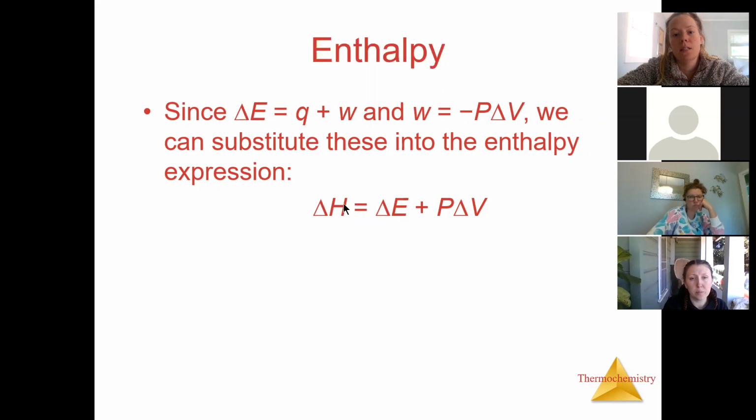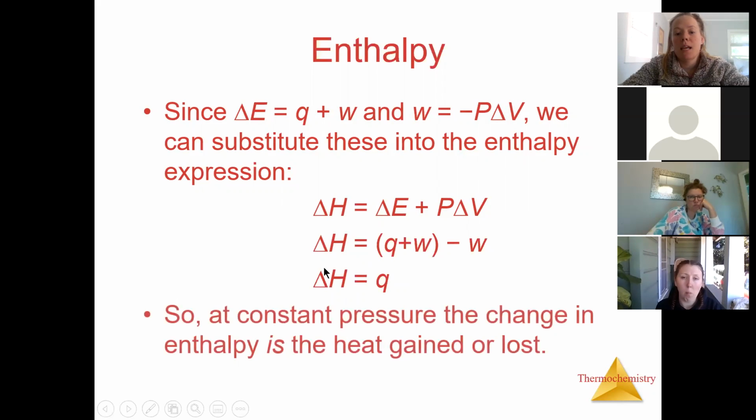So it would end up being delta H equals Q plus W, and we know W is the opposite of this. So those two things end up canceling. And so we end up getting that delta H will actually equal Q. So at a constant pressure, the change in enthalpy is just considered the heat gained or lost.